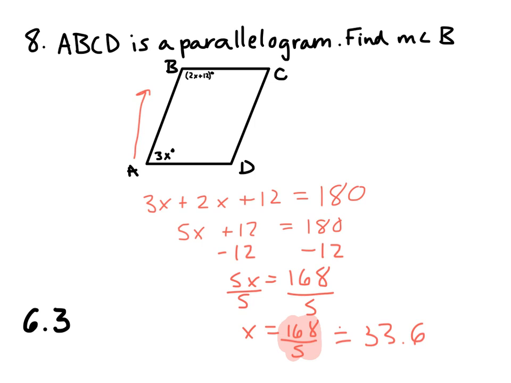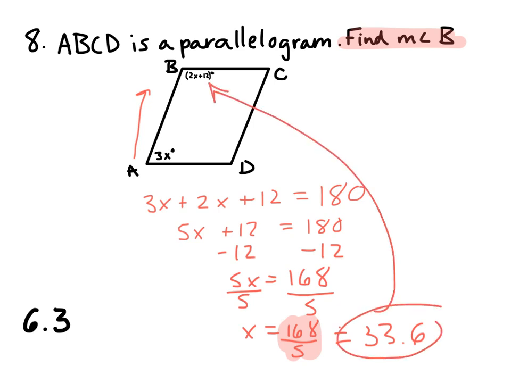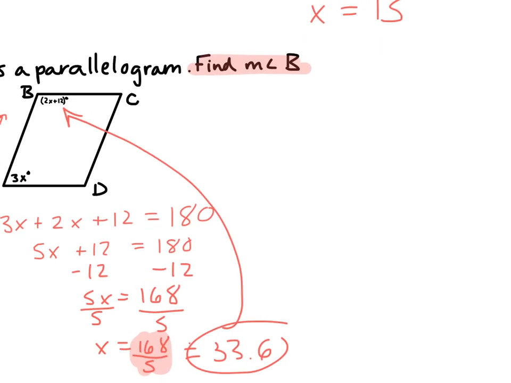Oh, but the question's asking for the measure of angle B, right? So are we done? No. What do we need to do? Plug it in. So we can take 33.6 and plug it into 2x plus 12. And we have 2 times 33.6 plus 12.